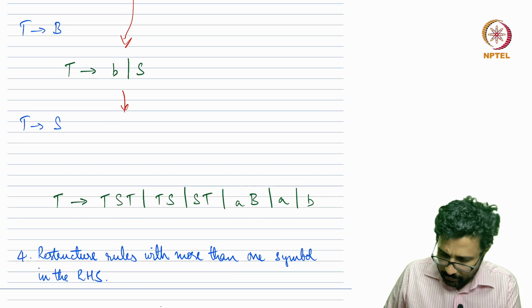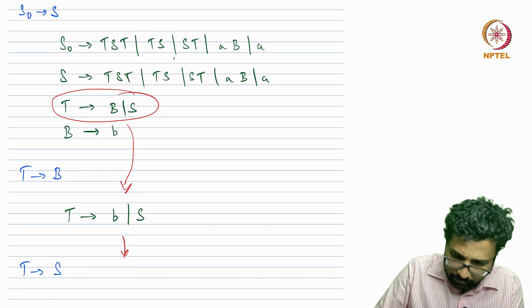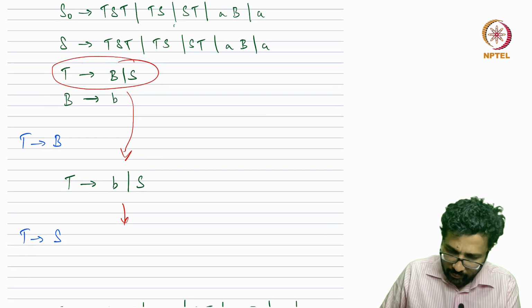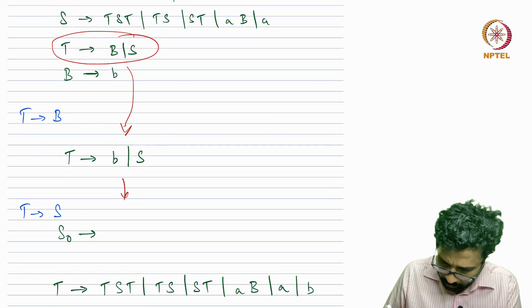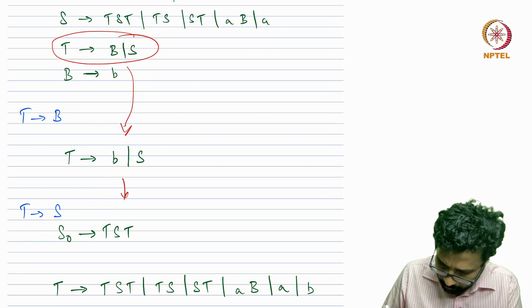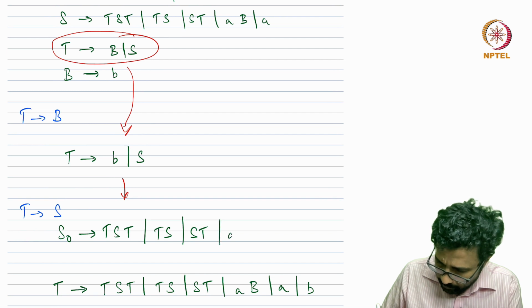Maybe it's easier if we see the rules at one place. S0 gives TST, TS, ST, AB, and small a.